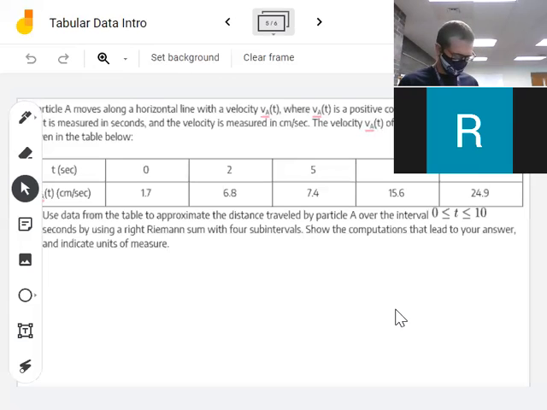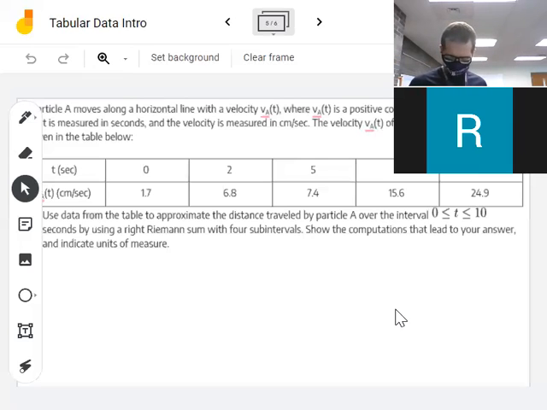The velocity v sub a of t of the particle at selected times is given in the table below. Woo! Table. A. Use the data in the table to approximate the distance traveled by particle A over the interval 0 to 10 seconds by using a right-Riemann sum with 4 subintervals. Show the computations that lead to your answer and indicate units of measure.